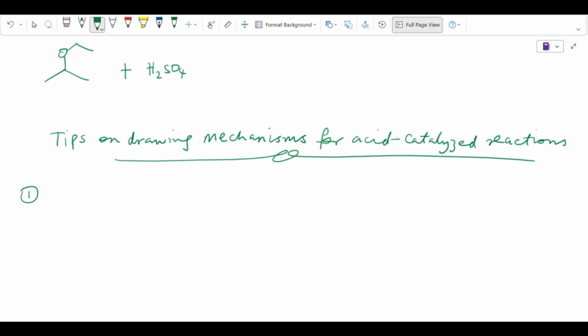Firstly, each step of the reaction will be reversible.